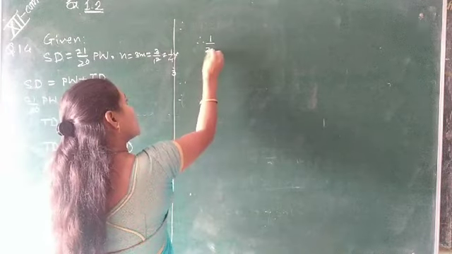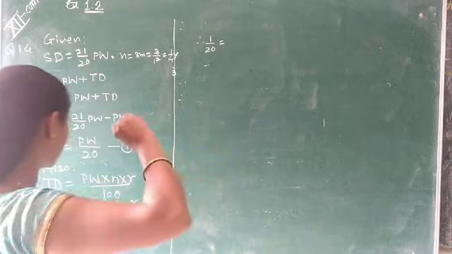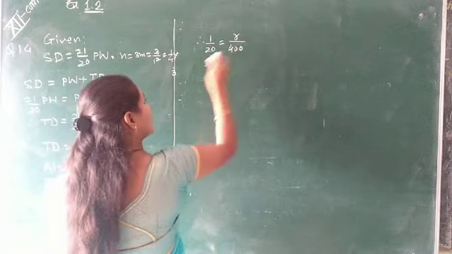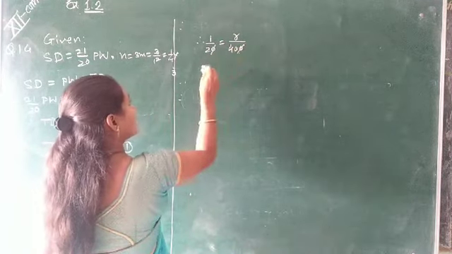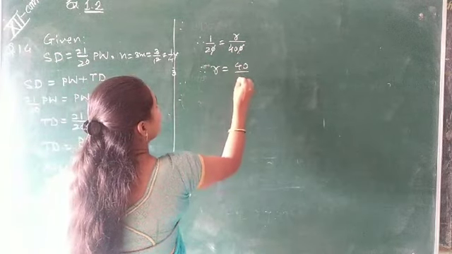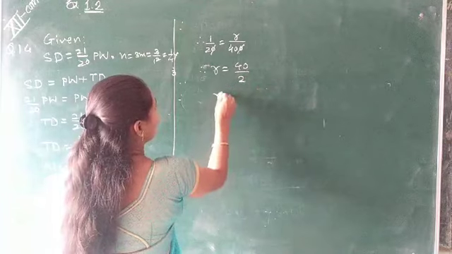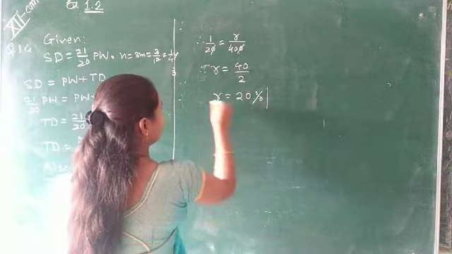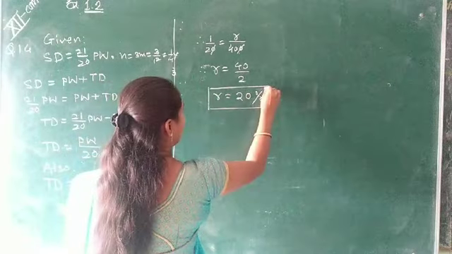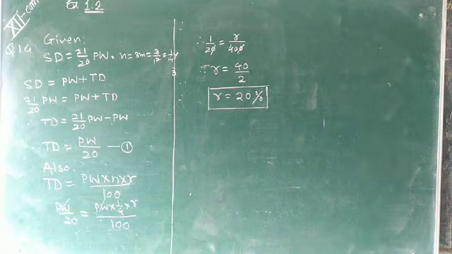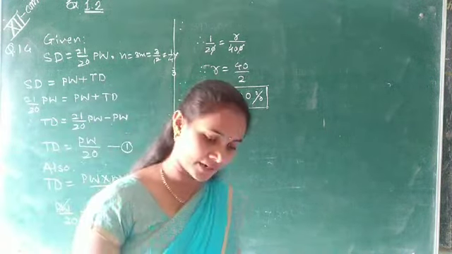Therefore, 1 upon 20 is equal to R divided by 400. Again, these zeros will get cancelled here. Therefore, R is equal to 40 divided by 2. That means R is equal to 20%. Therefore, the rate of interest is 20% per annum.